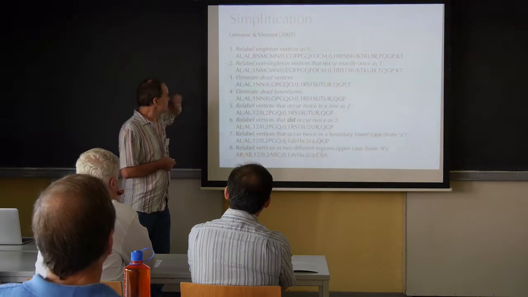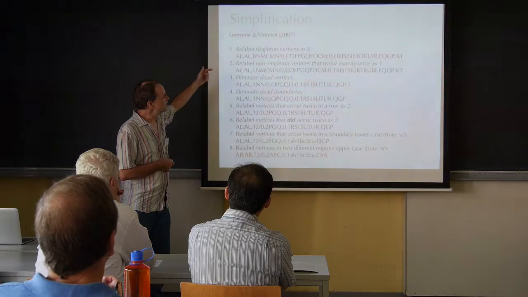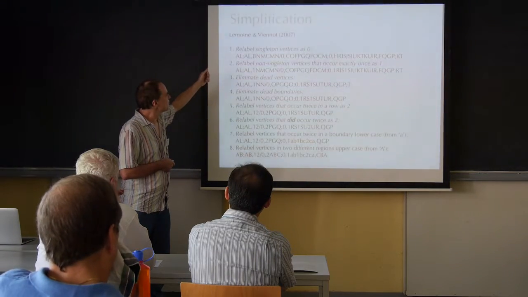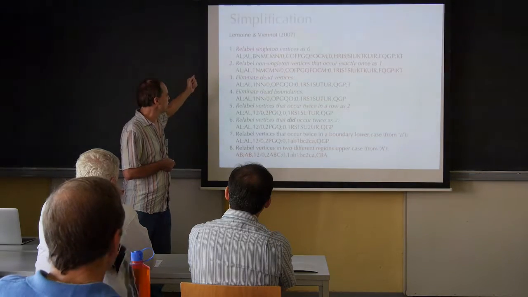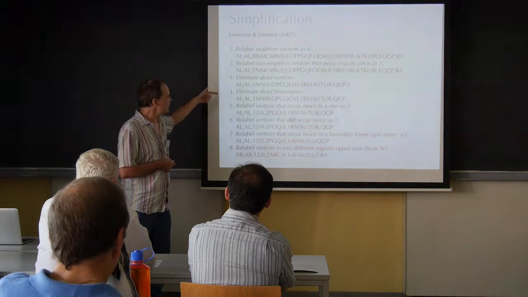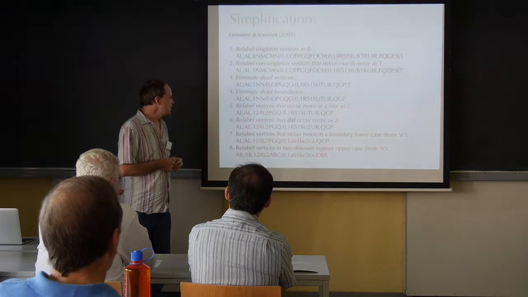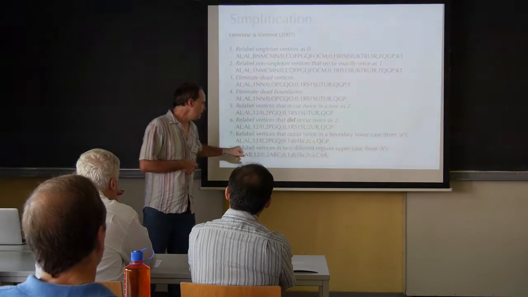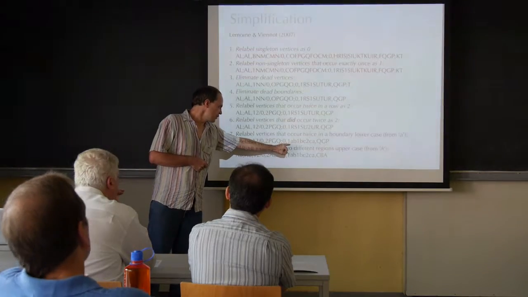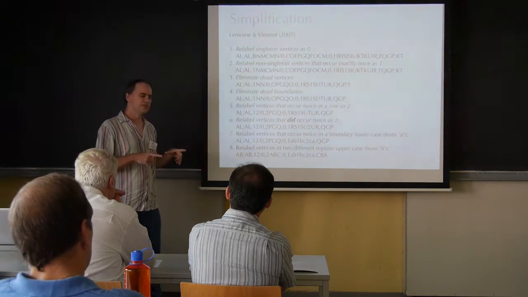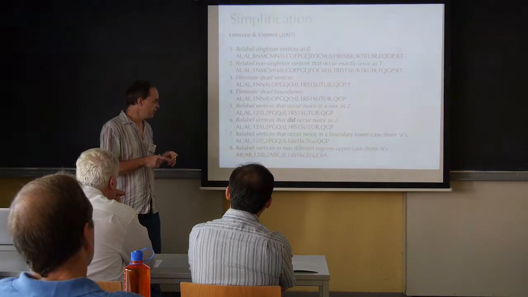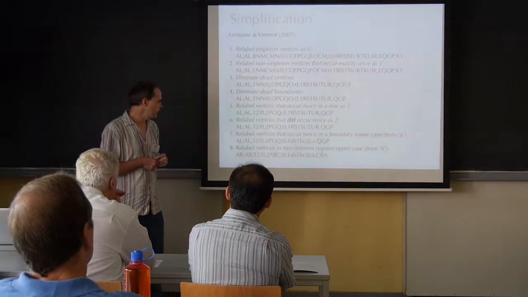We basically relabel vertices with 0 or 1 lives, 0 or 1 paths coming from them. We eliminate dead vertices and dead boundaries. We relabel some vertices that occur twice. And most importantly, we relabel boundaries that occur within a region with lowercase letters, and vertices that cross regions with uppercase letters.